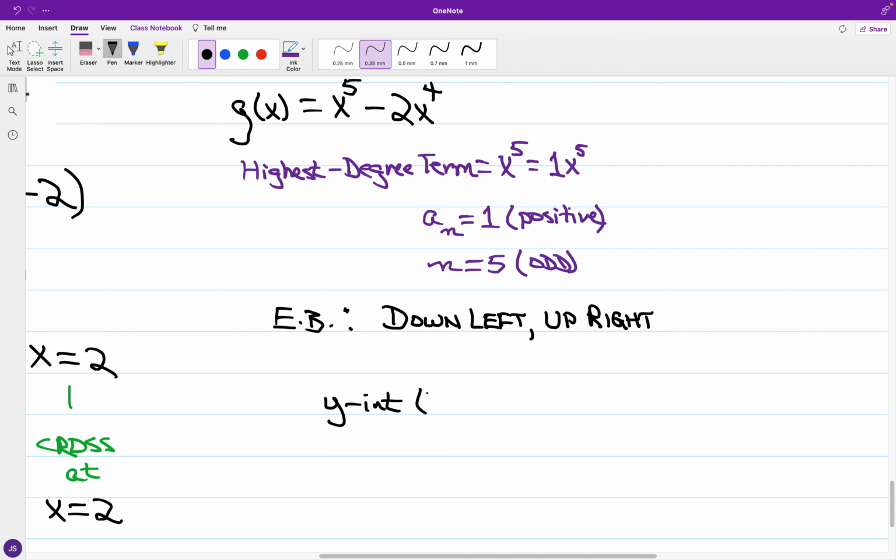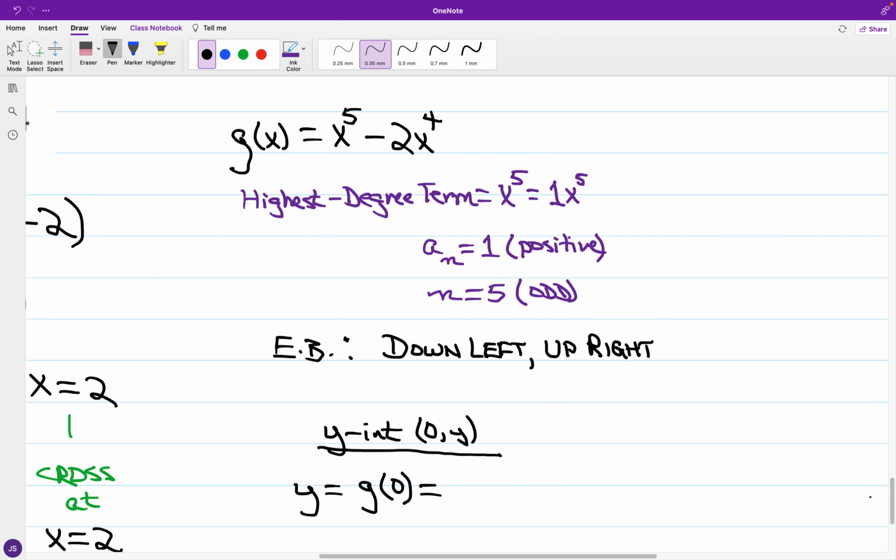Again, just for the y-intercept, okay. This is a bit repetitive for this particular function, since we're going to have the origin, once again, and the origin we already have as the first of the x-intercepts. But just to mention, we have g of 0, so we're looking at 0 to the fifth minus 2 times 0 to the fourth.